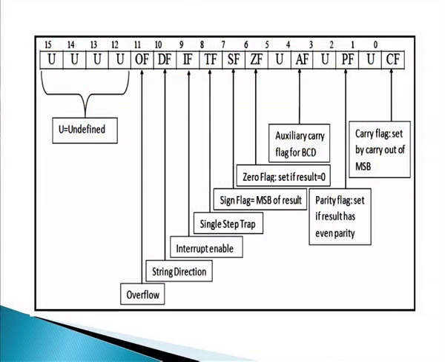The conditional flag register includes sign flag, zero flag, auxiliary carry flag, parity flag, carry flag and the overflow flag. Out of these flags, the overflow lies in the higher byte of the flag register and all the remaining lie in the lower byte of the flag register. We will discuss all these flags one by one.